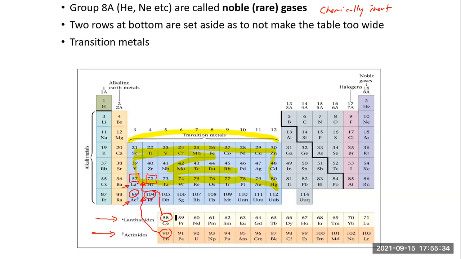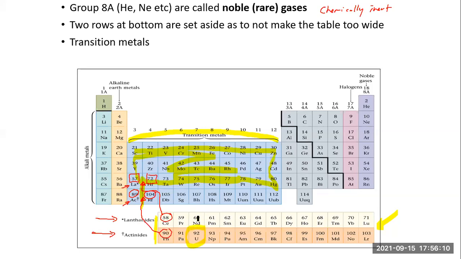These two rows on the bottom that we just talked about, because they technically go into here, are sometimes referred to as the inner transition metals because they technically go right there with the transition metals. The good news for us is we really don't deal too much with those guys on the bottom. Probably the only element we'll see pop up would be uranium.